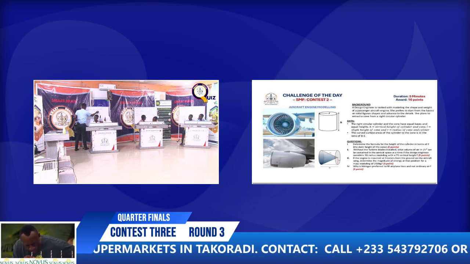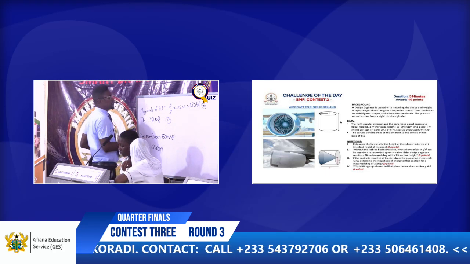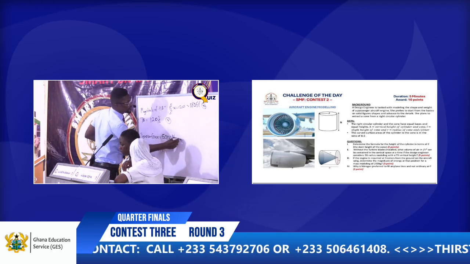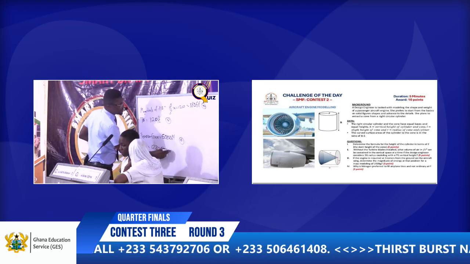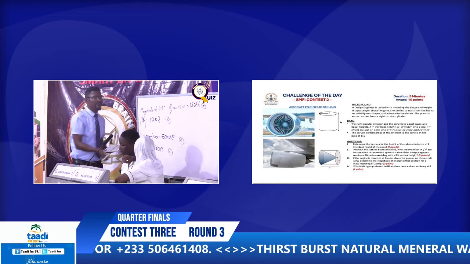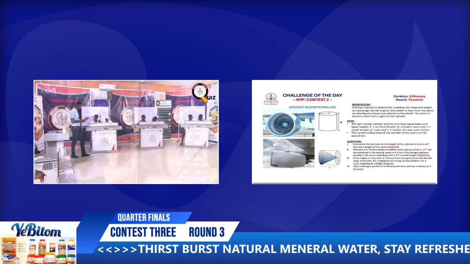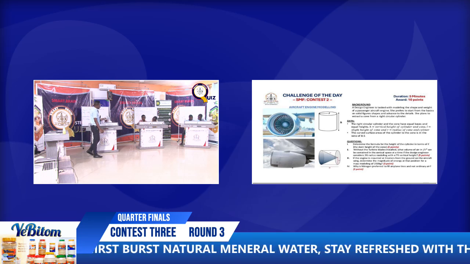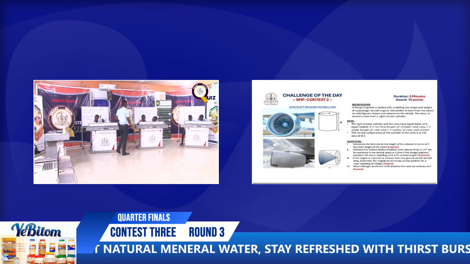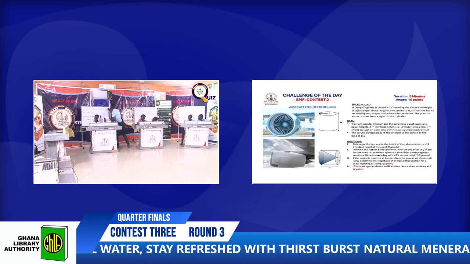I don't know where this one is coming from. I don't know which TB you were looking for. There was nowhere in the question that says you should find TB. All right. So I will score you 0.